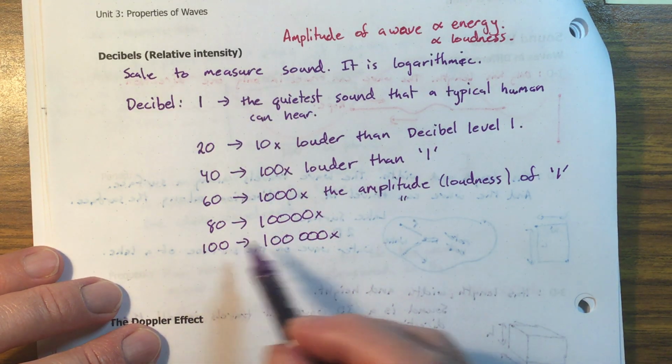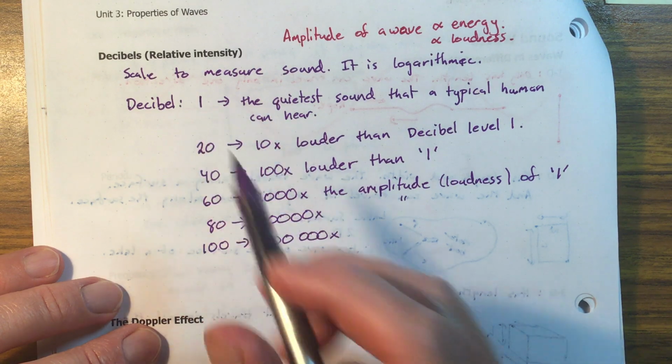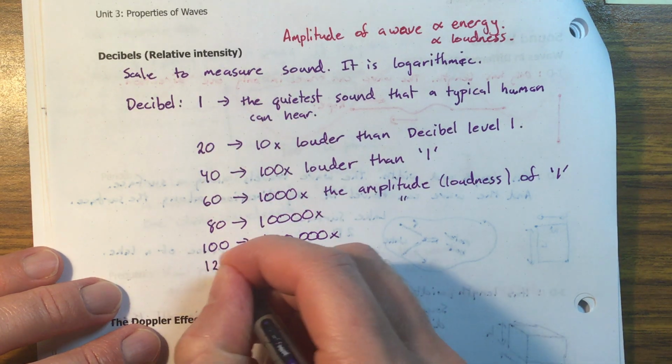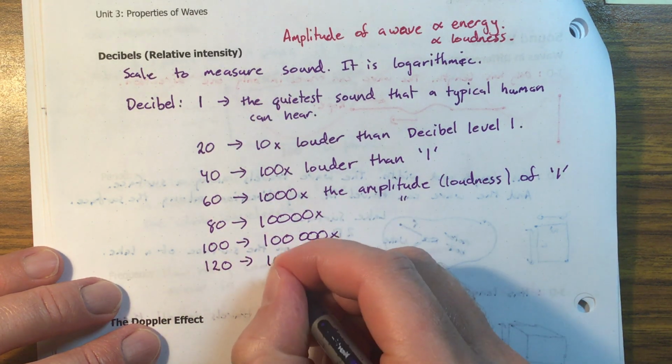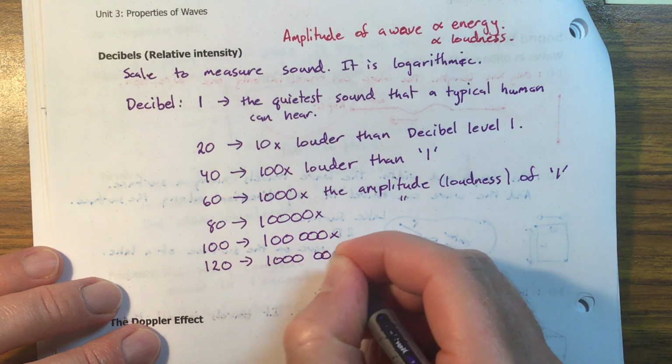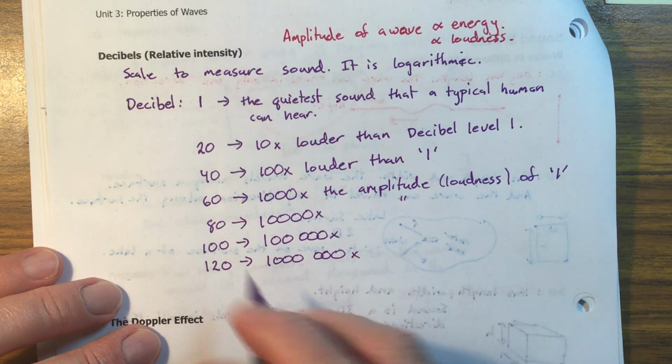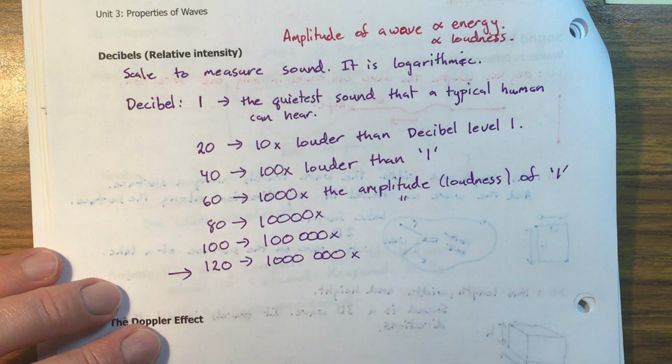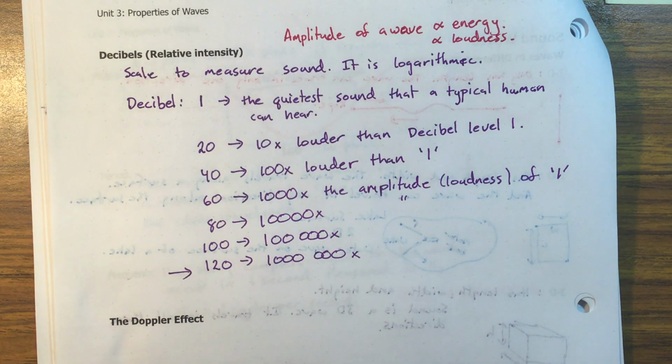So 100 decibels is 100,000 times this amount. 120 decibels is now 1,000,000 times. Now, up to this point here, 120 decibels is where you start to get hearing damage. Um, 140 decibels.